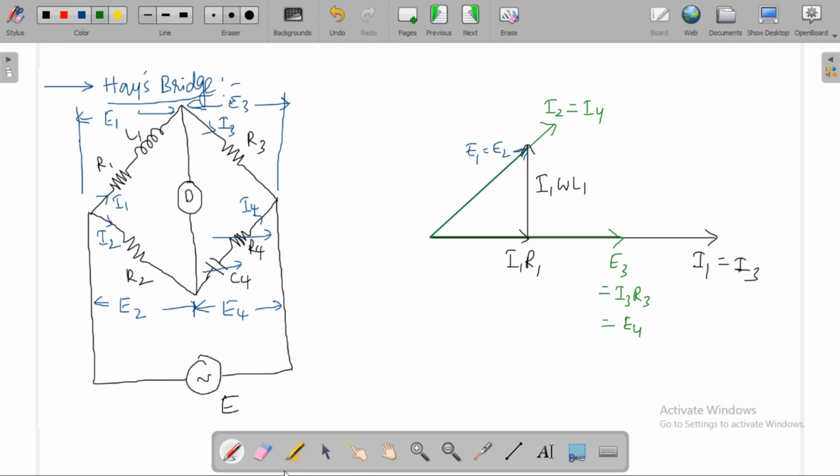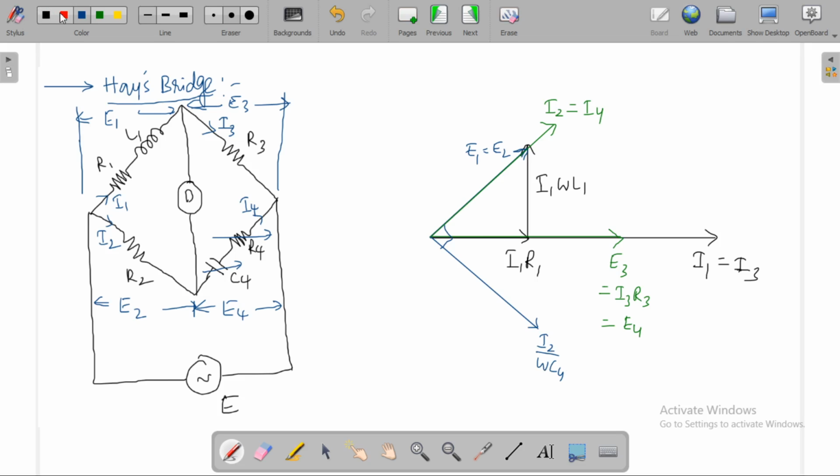Now let us draw the voltage across C4. The angle between these two will be 90 degrees. This will be I2 by omega C4, or I4 by omega C4.